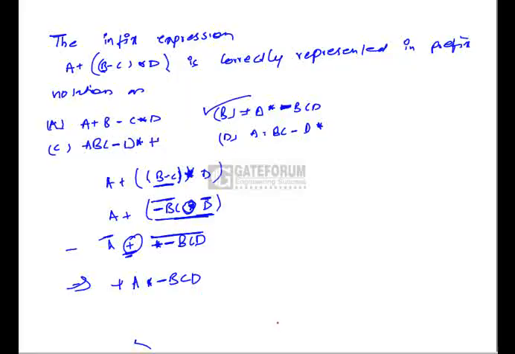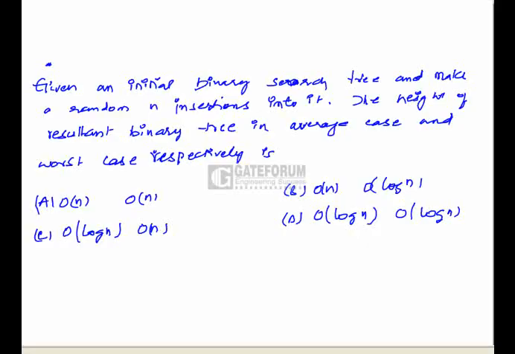It is given that n elements are inserted into the binary search tree randomly, and we have to find out the height of the binary search tree in average case and worst case. So in order to solve this problem, we should know what is a binary search tree. Binary search tree is a binary tree and it should satisfy the following properties. First one would be elements in the left subtree should be less than the node.